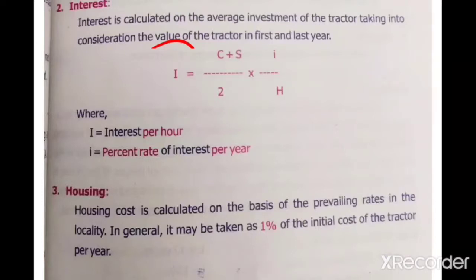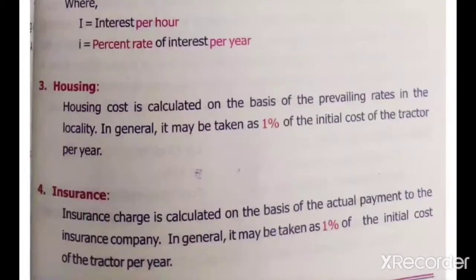Now the next cost is housing. Housing cost is calculated on the basis of prevailing rates in the locality. In general, it may be taken as 1% of the initial cost of the tractor per year. Now the next cost is insurance.